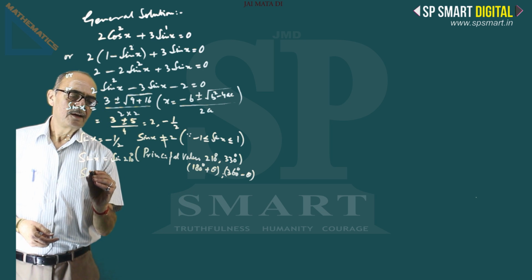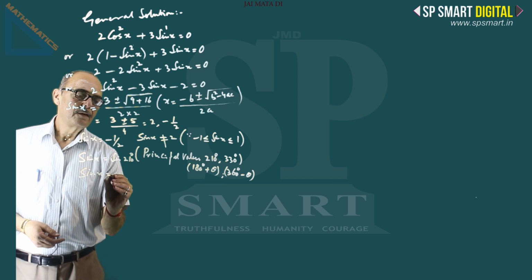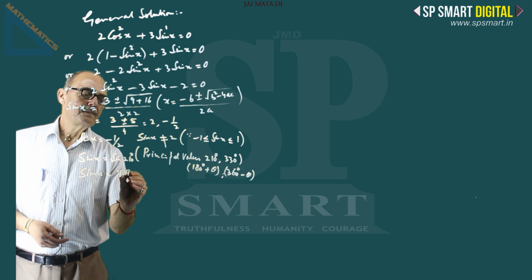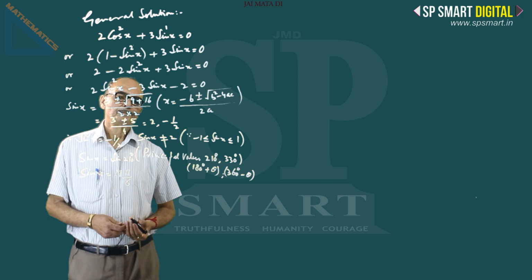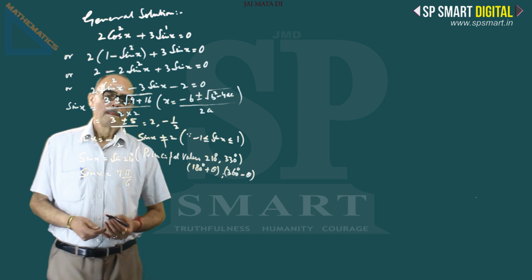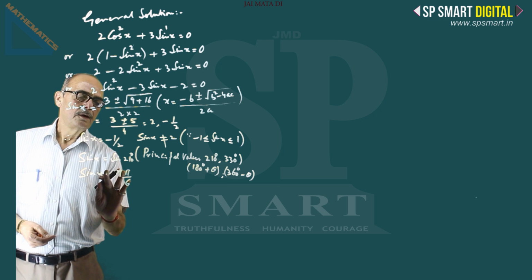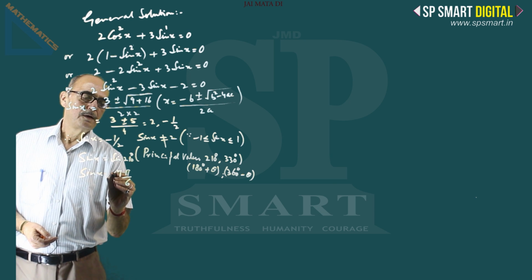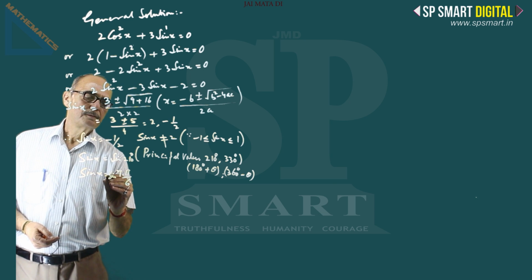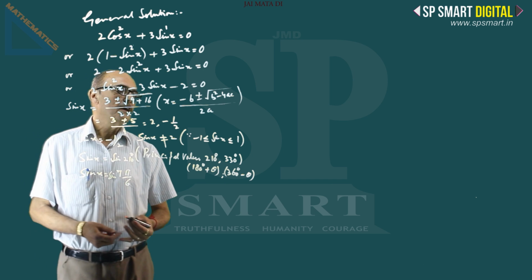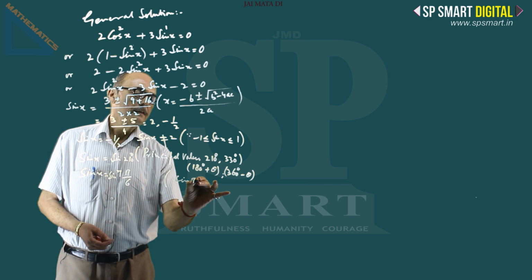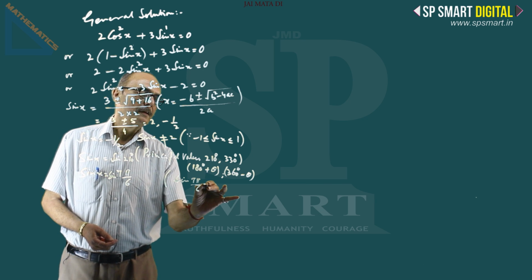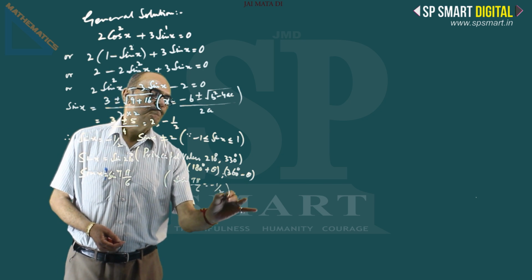Sin x equal to sin 7 pi by 6, because sine of 7 pi by 6 is minus 1 by 2.